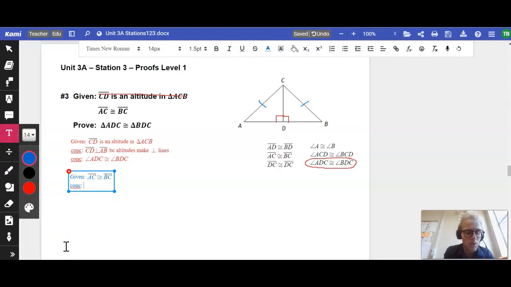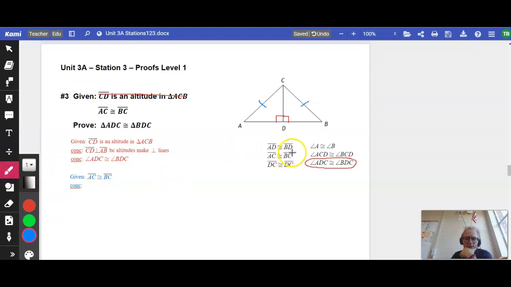Now, normally when they just tell us that things are congruent, that would be a freebie, right? Because that is one of the things in our list over here, that AC is congruent to BC. But what do we also get here? Well, we also get that this angle is congruent to this angle because this will now be an isosceles triangle.